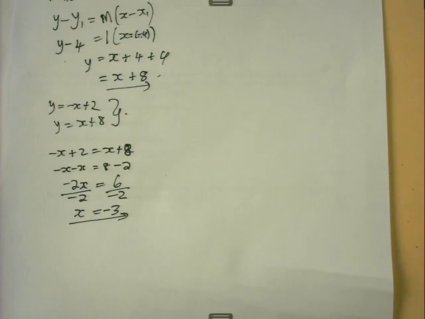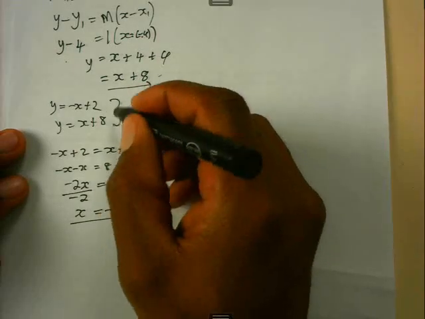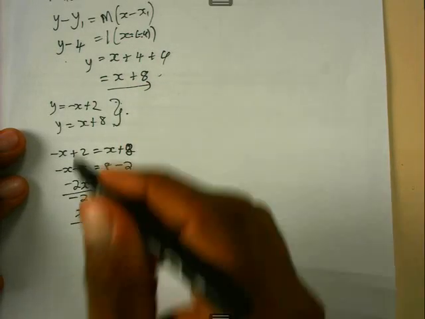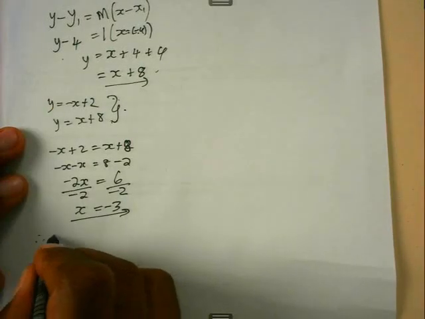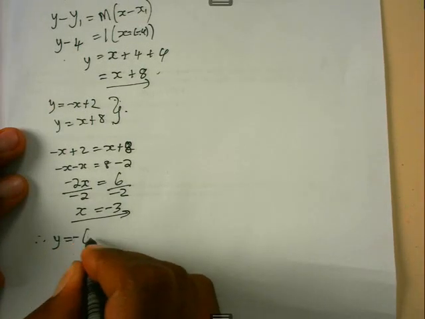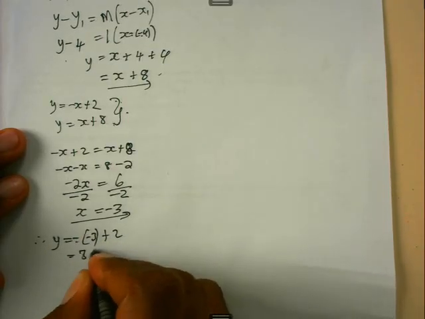Now the question then will be, of course, we are happy we have x. How do we determine the y? How do we determine the y coordinate of L? Of course, it's not a problem. You just substitute the x in one of the two equations. If I take the first one, therefore now we say y is equals to minus minus 3 there plus 2. The negative times negative is a positive.